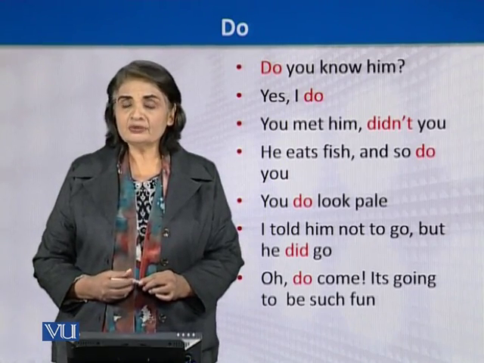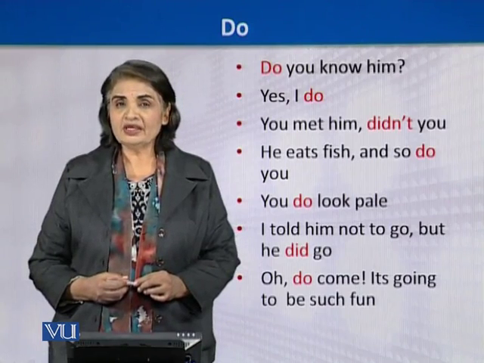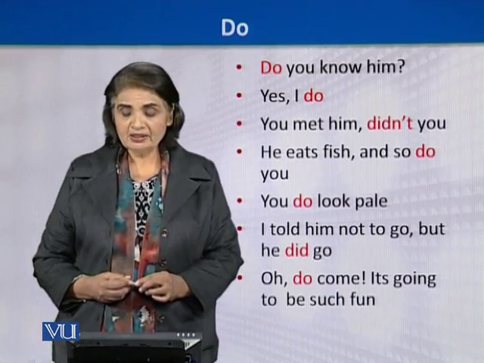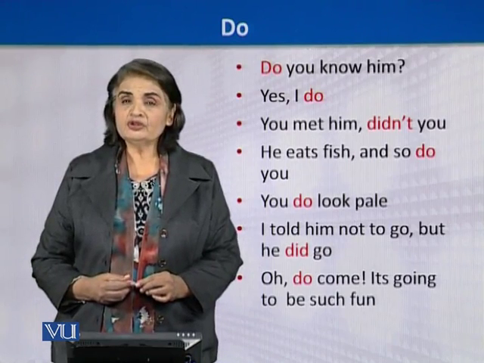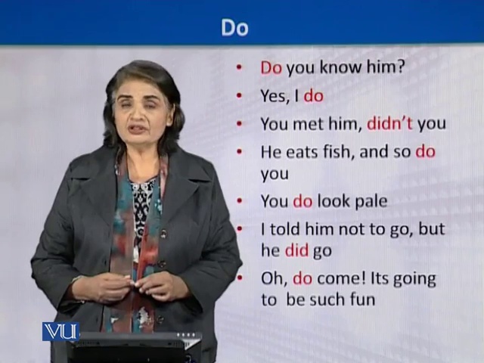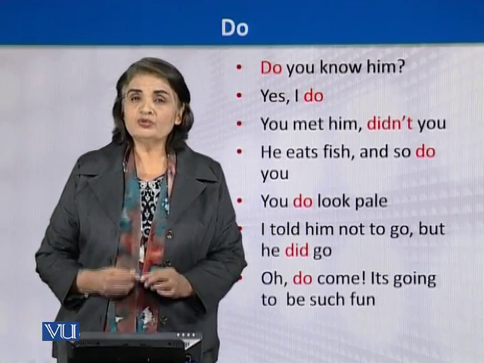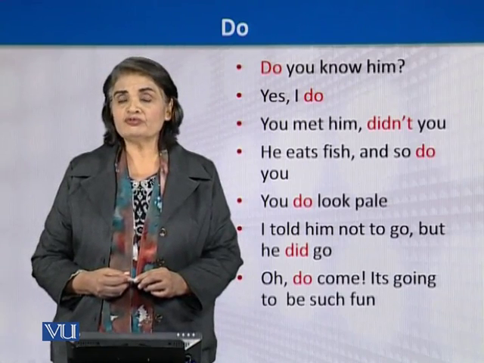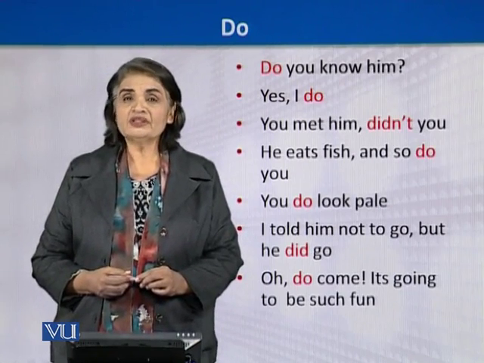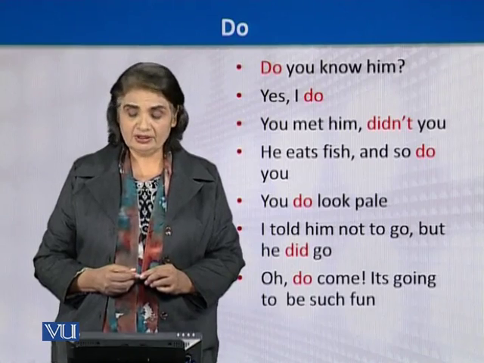I know that some students, they use it as a sentence and they say, he eats fish and so you. But the use of do as an auxiliary verb in this sentence will only make the sentence correct. Without the use of this auxiliary verb do, the sentence will be incorrect.